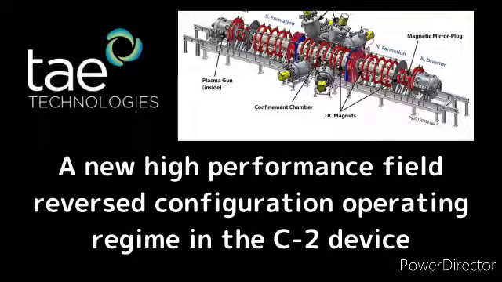The combined mirror and quadrupole magnetic fields fan in and out the edge layer field lines and compromise communication to the end of the C2 device. Lower FRC temperatures are observed in the C2 device for Q equal 1.